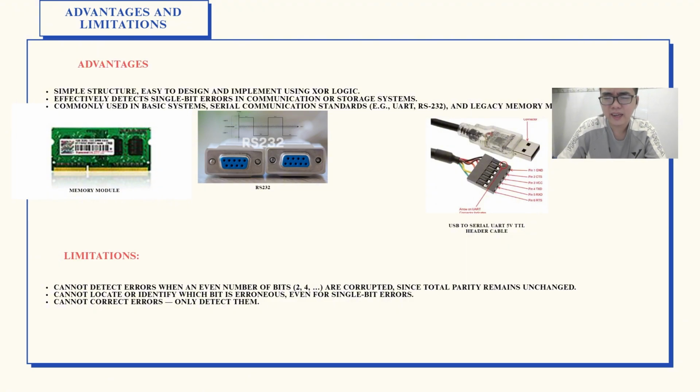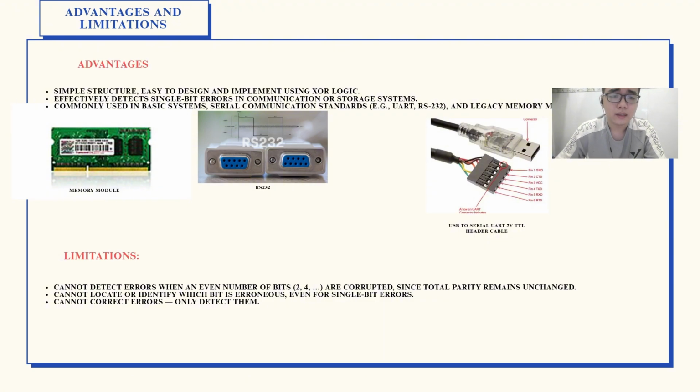The parity code has an extremely simple structure, which makes it easy to implement using basic logic. And guys, using XOR, we know parity bits are created with XOR gates. By using XOR gates, this simplicity reduces circuit complexity, cost, and design time.